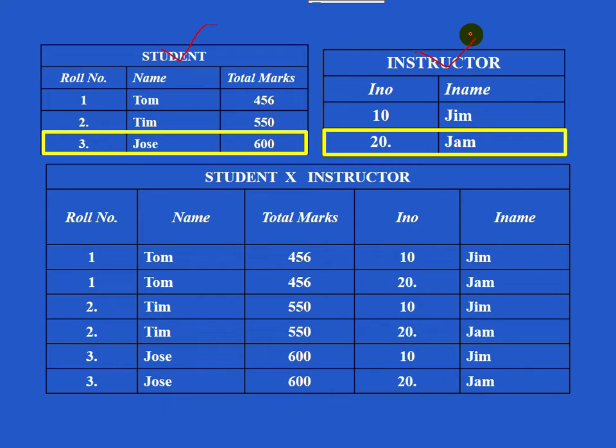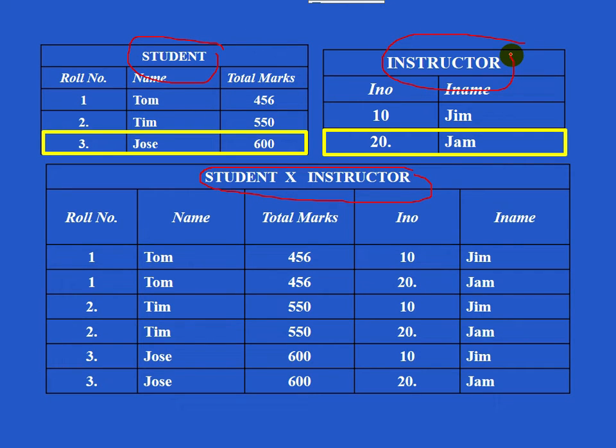Now, one interesting property, you can see that the degree of the resultant relation equals the degree of the first relation plus the degree of the second relation. That is, the number of columns of the resultant relation equals the number of columns of the first relation plus the number of columns of the second relation.